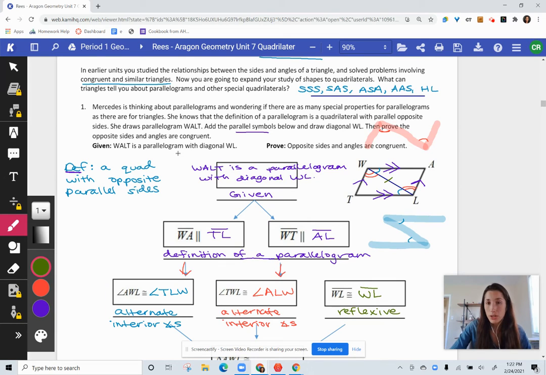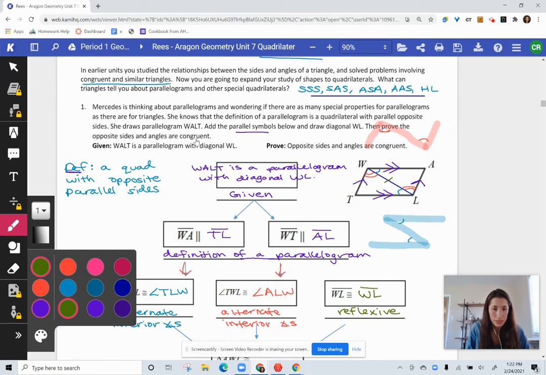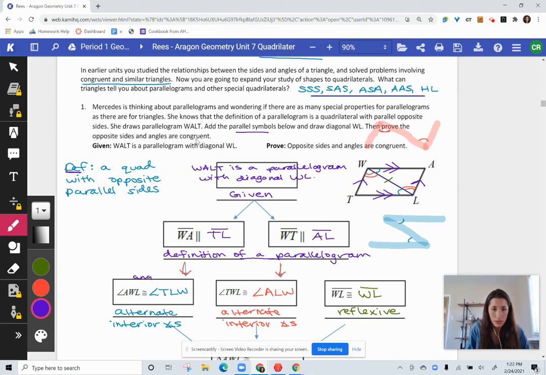So now we should be able to say that these triangles are congruent to each other. And the reason that they're congruent, well, I know that this right here is an angle statement. This is an angle statement. This is a side statement. So it's got to be one of these two, angle, side, angle, or angle, angle, side.